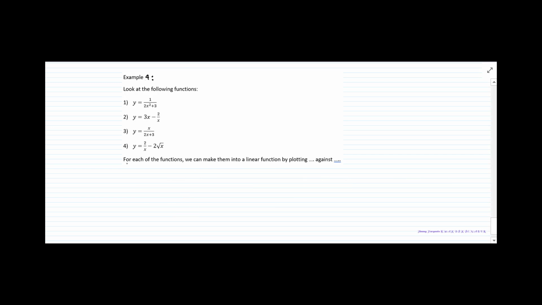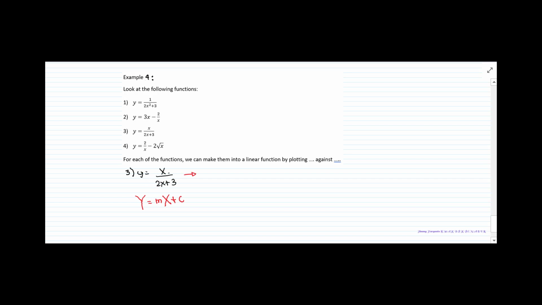Okay, number 3 we have y equals x over 2x plus 3. Okay, what do we have to do? We have to compare it with y equals mx plus c. It's entirely different.